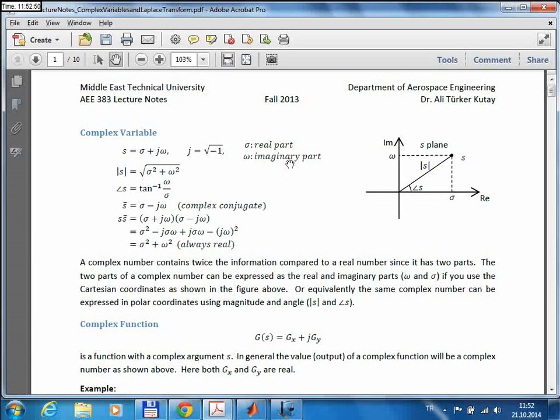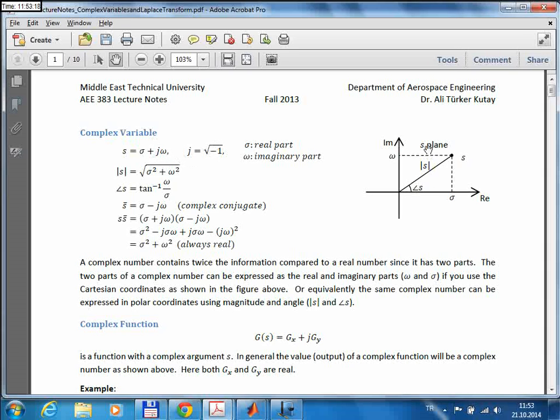Let's start from there. As you know, a complex number has two components. It has a real component and an imaginary component, and the j here represents the imaginary part, and it is, as you know, the square root of -1. So different from a real valued number, a complex number has two components, and you can represent a complex number on a complex plane.